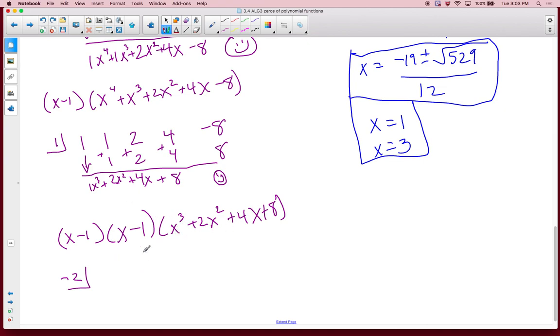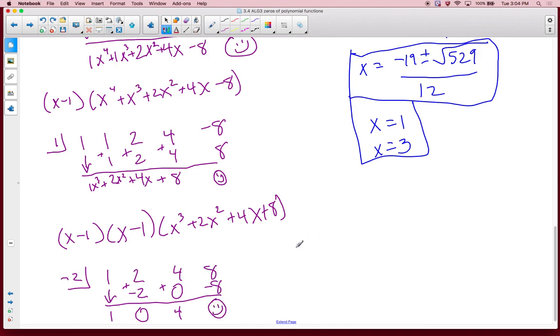I'm using these coefficients here. I have 1, 2, 4, and 8. Bringing down the 1. I multiply, get a -2. Add, you get a 0. Multiply, add, multiply, and add. Okay.